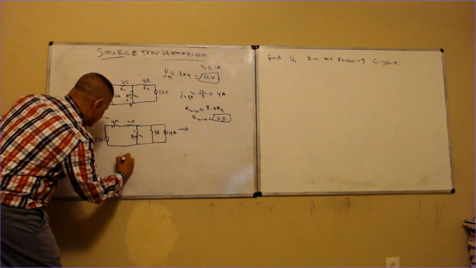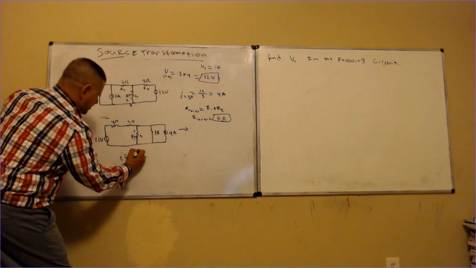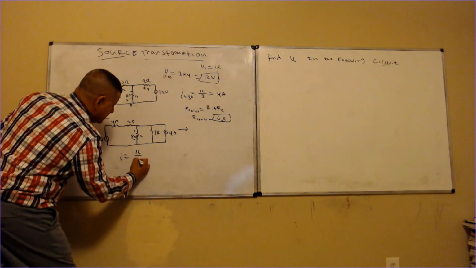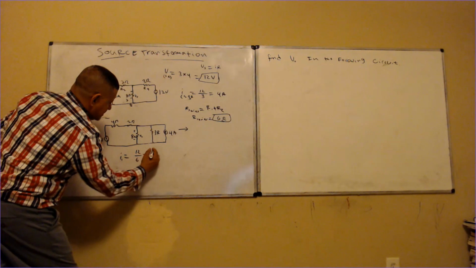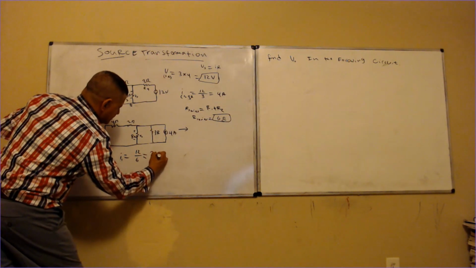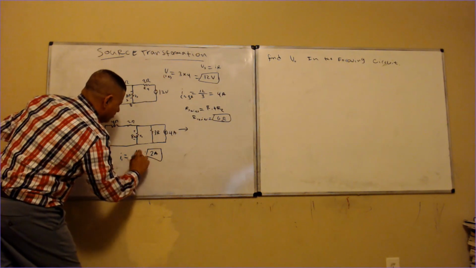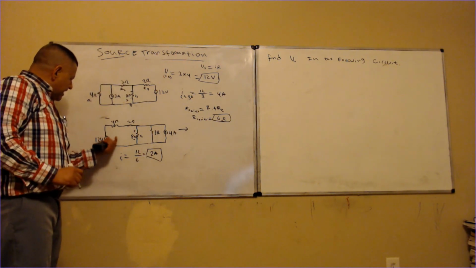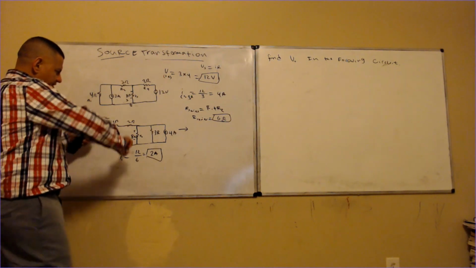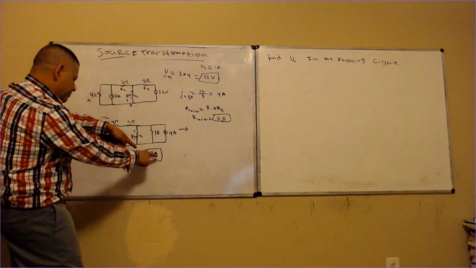I1 is equal to 12 over 6 ohms, right? Which in this case is 2 amps. All right. So now I can replace this, in parallel, with that source right there.